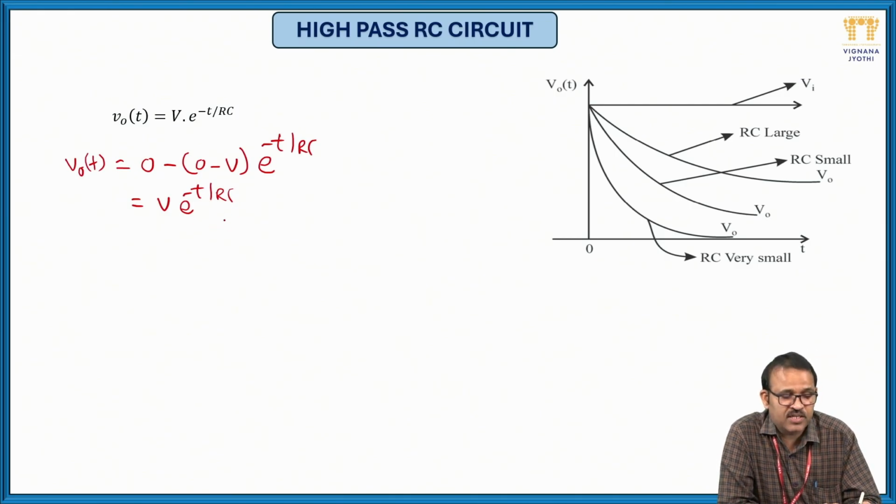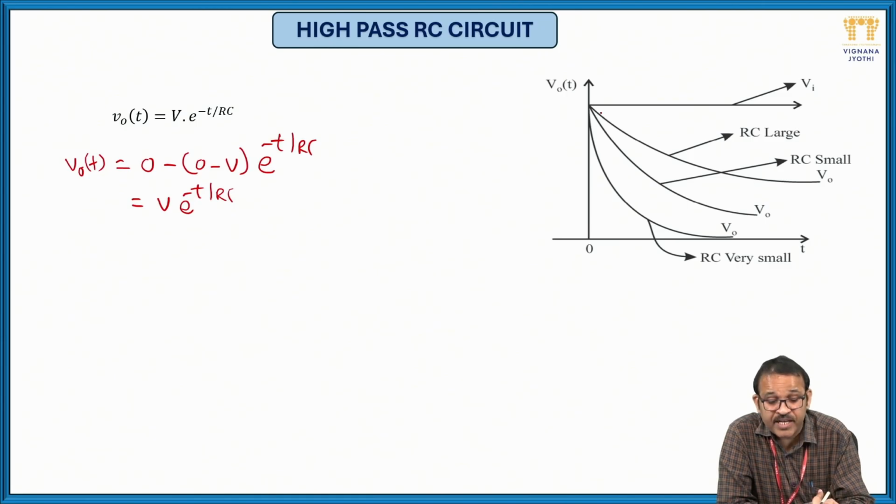If the time constant RC value is very large, the output slowly decreases towards zero. Suppose the RC value is small, then it decreases exponentially towards zero more quickly.